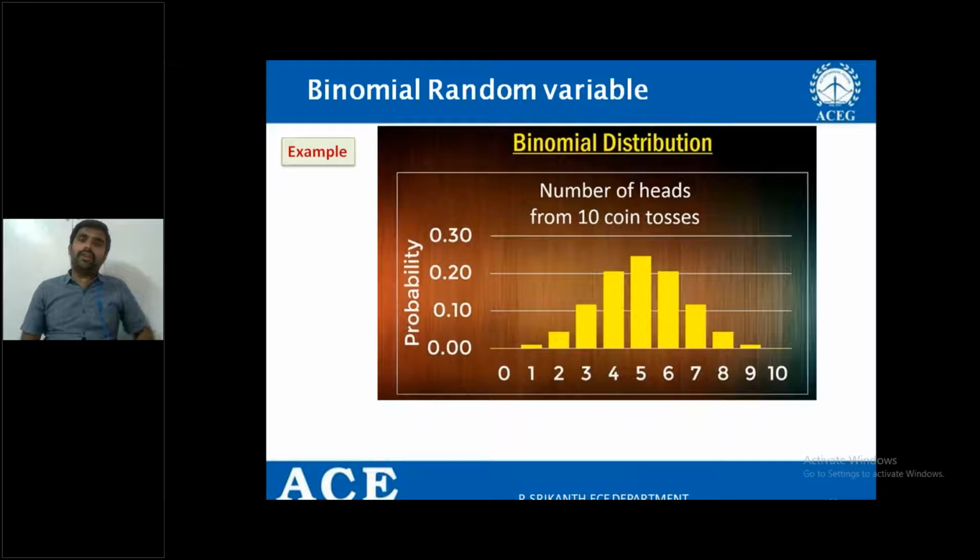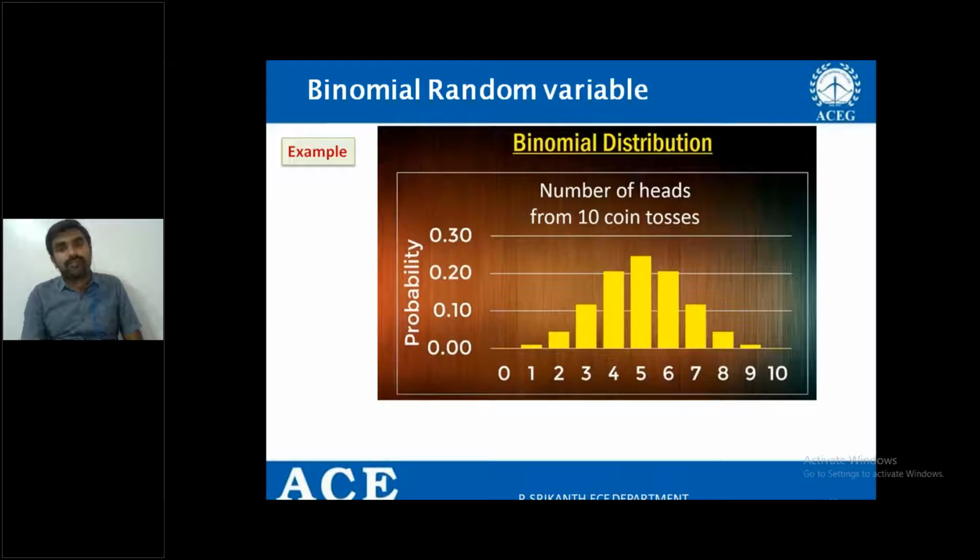For example, where can you use this binomial distribution? Here I am just tossing a single coin 10 times. So in each and every attempt I may expect either tail or head. And now I am considering a random variable which is nothing but the number of heads from 10 coin tosses, right?